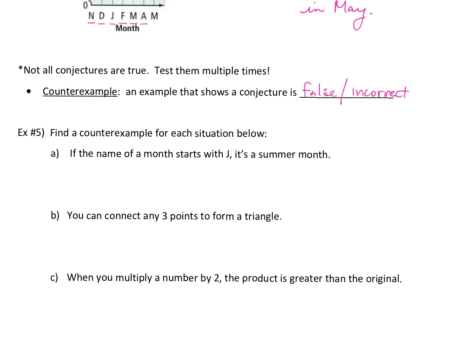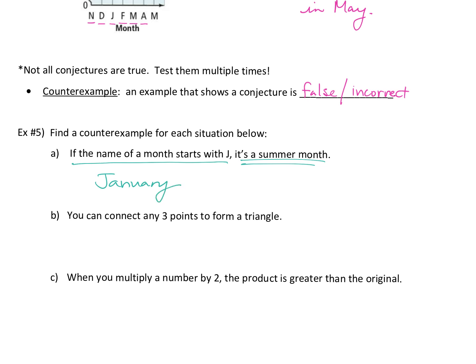Is July a counterexample? No, because this part, right? If the name of a month starts with J, sure, July, but it's a summer month is true, right? We're not trying to make this true right now. We're trying to make this false. So if the name of a month starts with J, it's a summer month. Your counterexample is what? January.